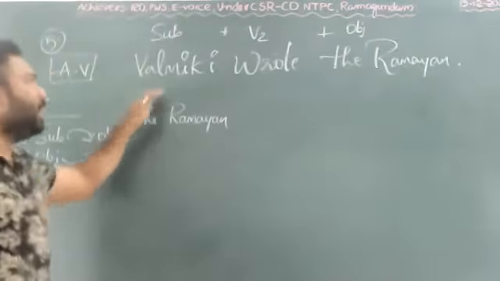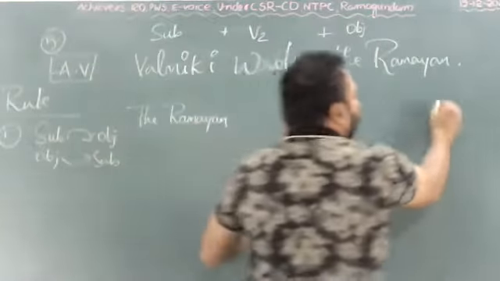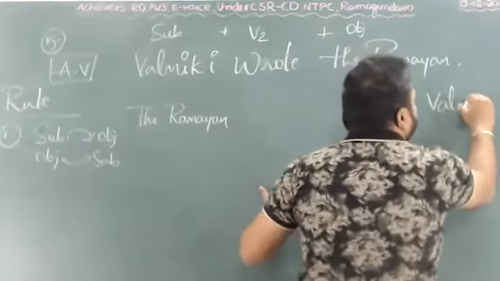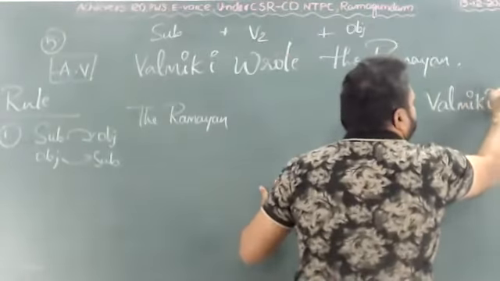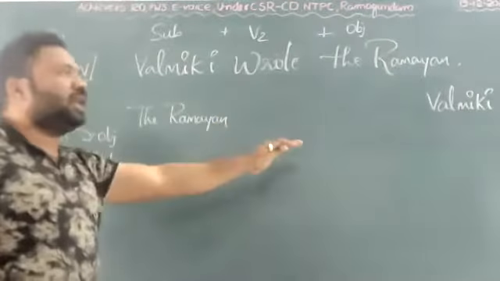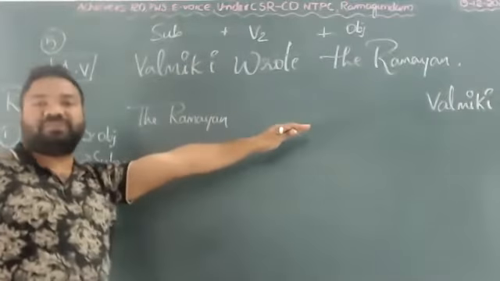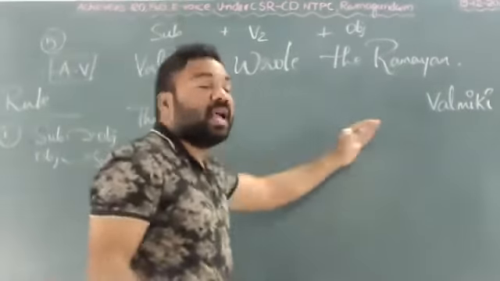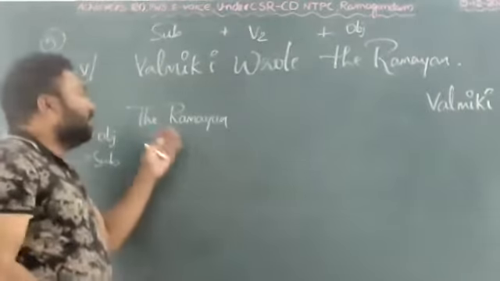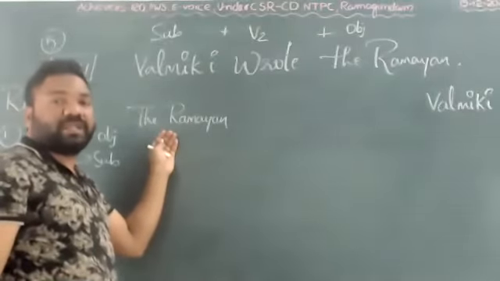All right. And next, Valmiki, I have to write here, which goes to the object place. The subject place I have shifted to the object place, and the object's place we have shifted to the subject place.